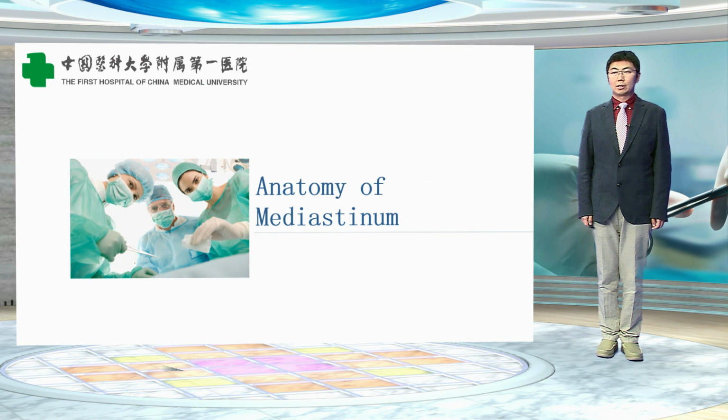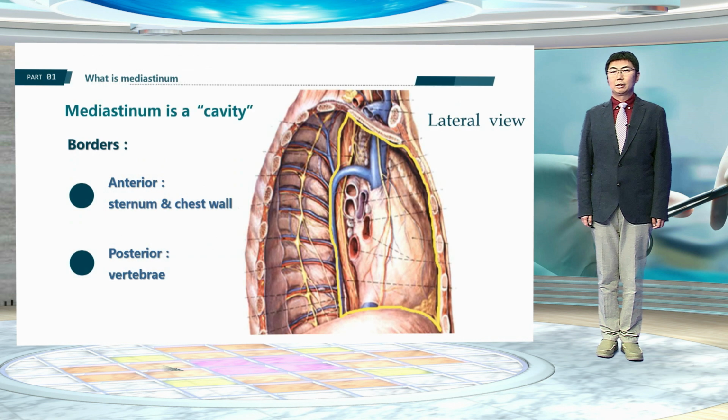The thoracic mediastinum is a clinically significant region of the human body. Vital cardiopulmonary structures are located in this region. The mediastinum is a broad central chest cavity that separates the lungs from the other structures in the chest. It extends from the sternum to the vertebrae and from the superior thoracic inlet to the diaphragm.